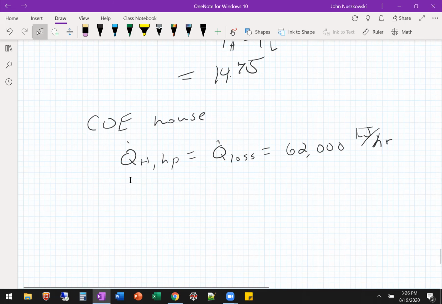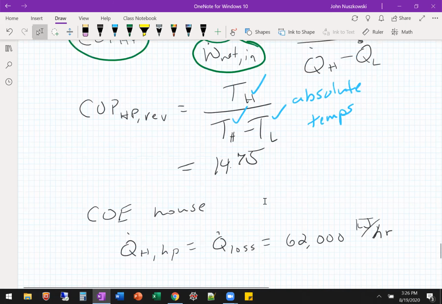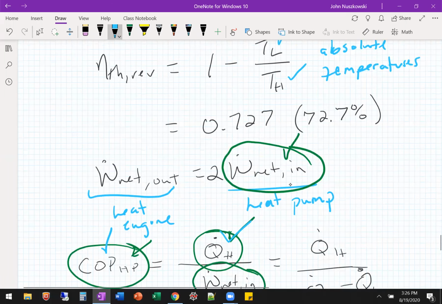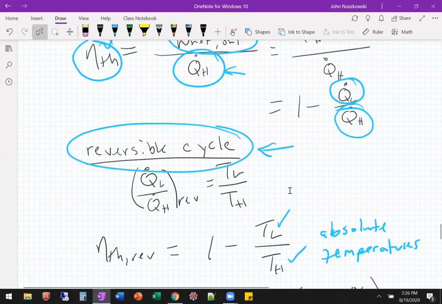All right, so we've bounded our problem. We have Q dot H, we have COP of the heat pump, so we can use that to solve for work net in right here. Go back, use work net in to get work net out of the heat engine. Keep going back up.